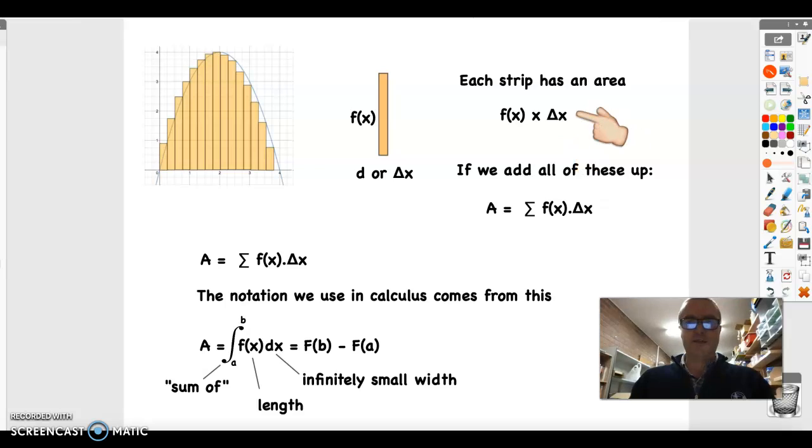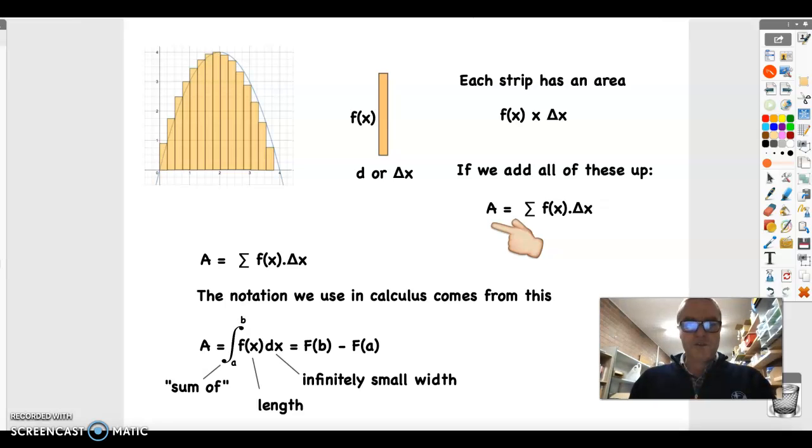So each strip has this area, length times width. If we add up all of the strips, that's what we mean by this Greek letter sigma here. That's a sum symbol. So if we sum all of the thin rectangular strips, that will give us our approximation for the area.